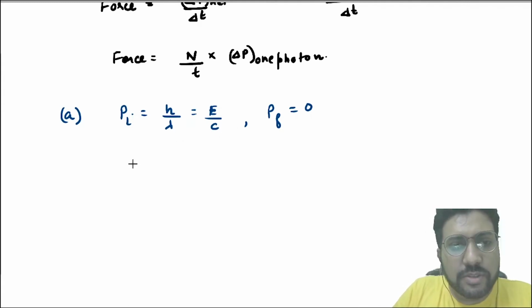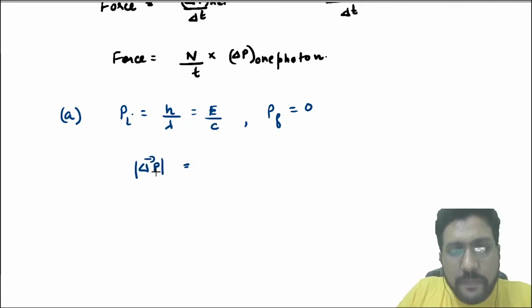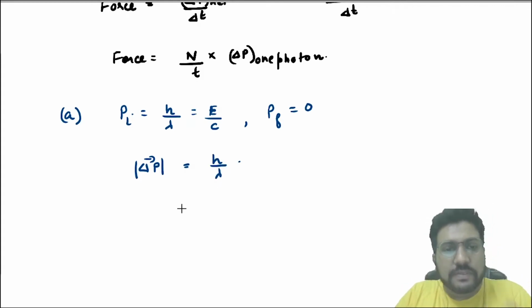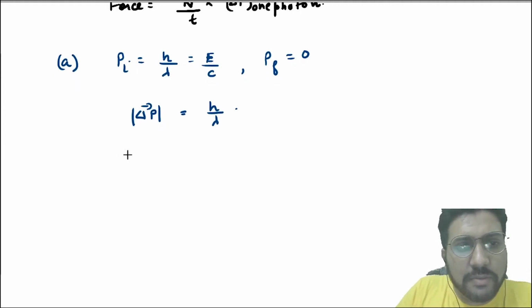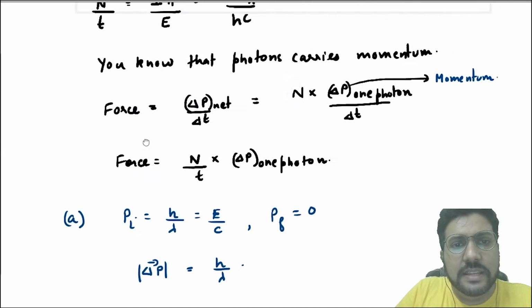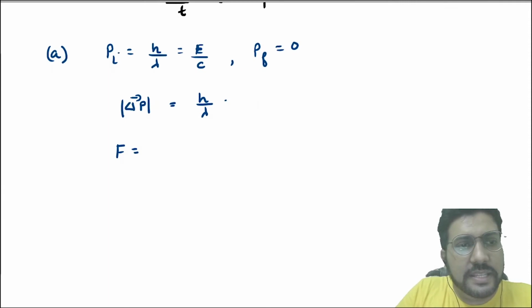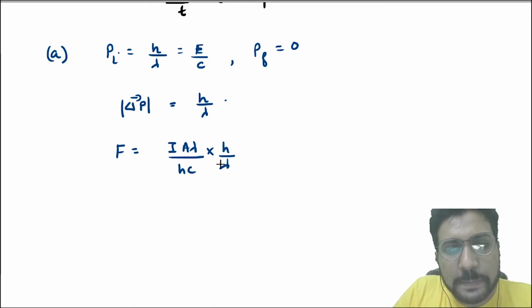So the magnitude of the change in momentum is H by lambda. Now calculating the force is very simple: N by T. N by T is Ia lambda by Hc, multiplied by H by lambda.